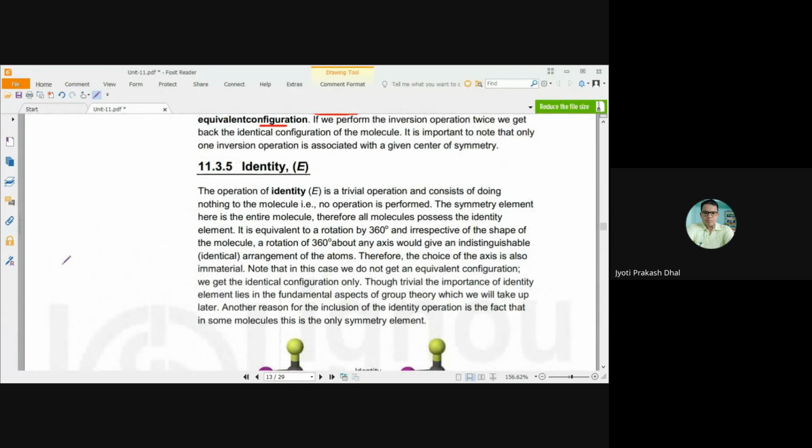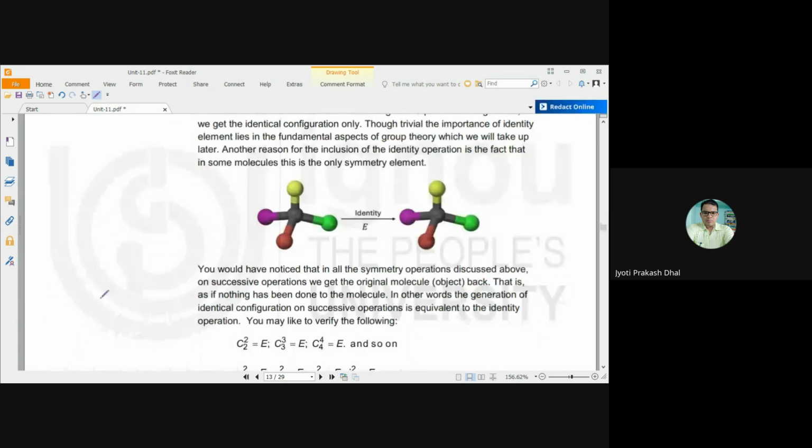Now coming to identity, E. The operation identity E is a trivial operation and consists of doing nothing to a molecule. That means no operation is performed. So the symmetry element here is the entire molecule. Therefore, all molecules, whatever the structure, possess the identity element.